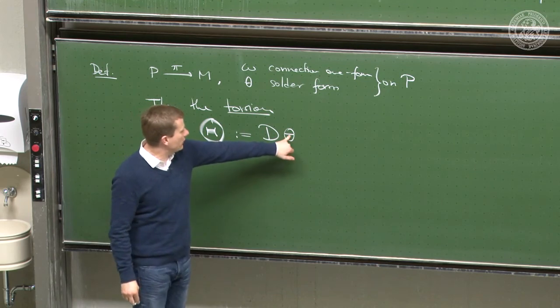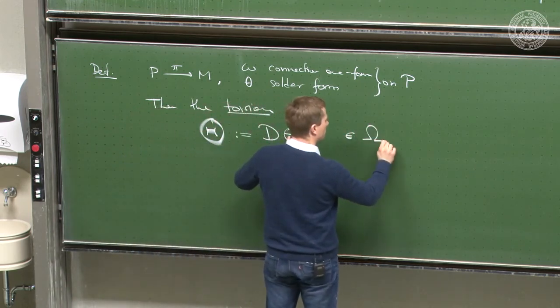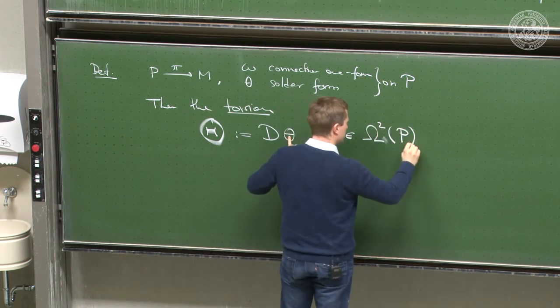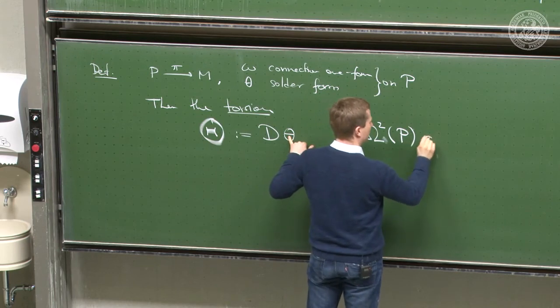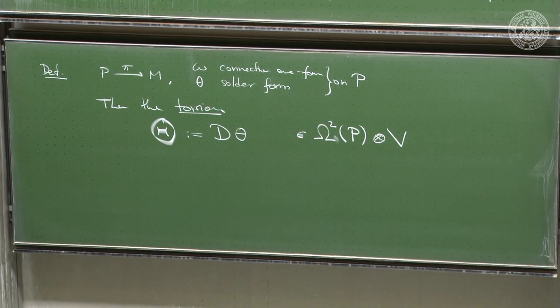Well, this is a 1-form, so the exterior covariant derivative makes this a 2-form on the total space, and how is it valued? It's V-valued, V being the linear representation space of dimension dim M of the group. Okay? So this is the torsion 2-form on P.